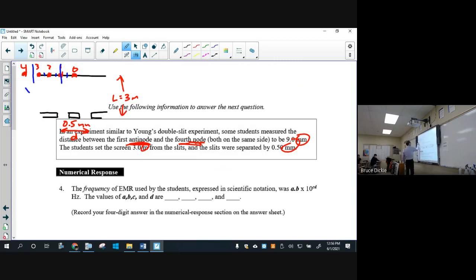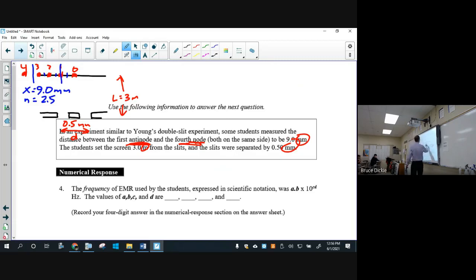That X value in between the first antinode and the fourth node is 9 millimeters, although we want to convert that to meters. What's N going to be there? First antinode, fourth node. N is 2.5. 3.5 minus 1 is 2.5. All right, we should be good now.